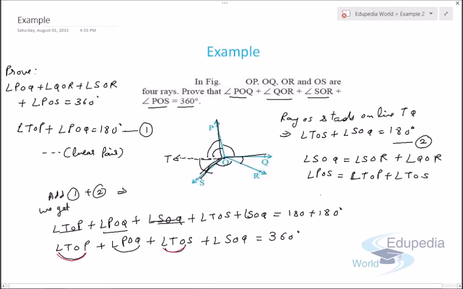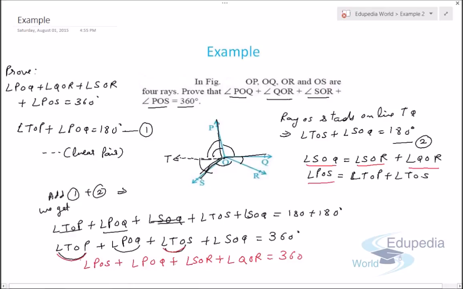So if we see in the equation, this angle plus this angle will become angle POS. We can write this equation as angle POS plus angle POQ plus angle SOQ. Now angle SOQ can be written as angle SOR plus angle QOR. So instead of SOQ we write angle SOR plus angle QOR, which is 360 degrees.